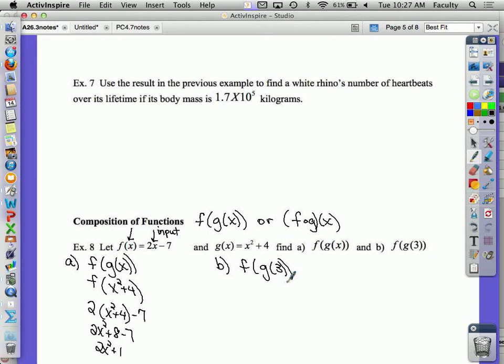Go to g of x and tell me what's g of 3? 9 plus 4, which is 13. So that's f of 13. So I can substitute for g of 3. Now I come over to f of x, and this is 2 times the input minus 7. So f of g of 3 actually has a value of 19.